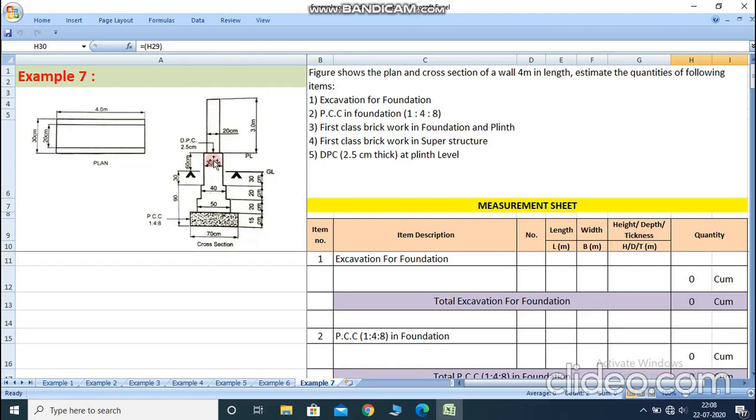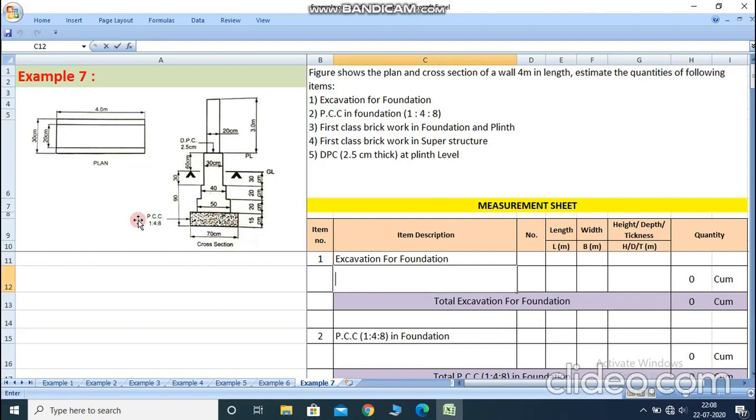First class brickwork in foundation and plinth is up to plinth level, and excavation for foundation is from the ground level to the bottom of the foundation, and PCC in foundation we calculate. So first we start excavation for foundation.